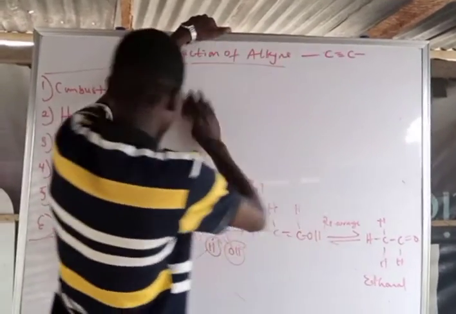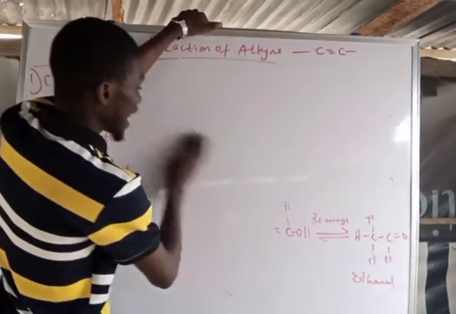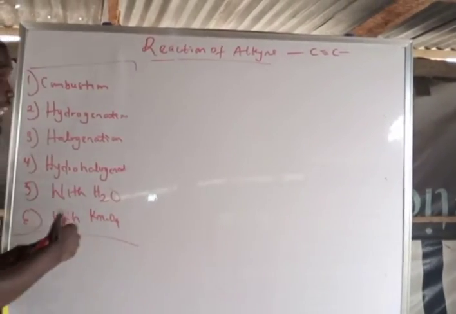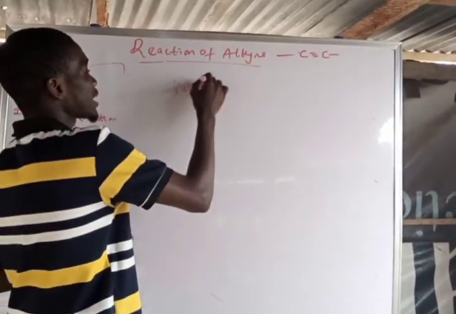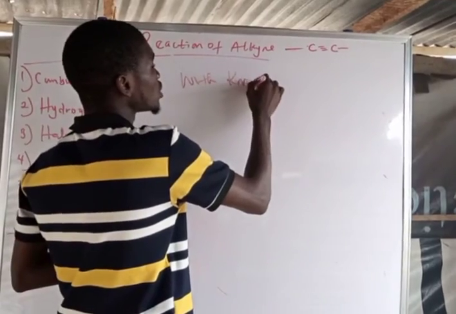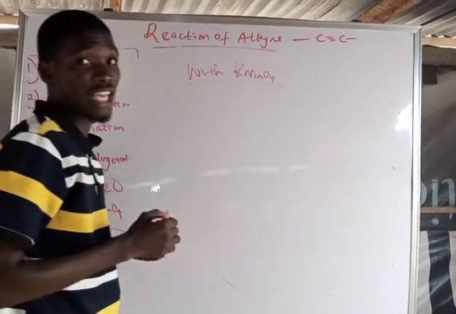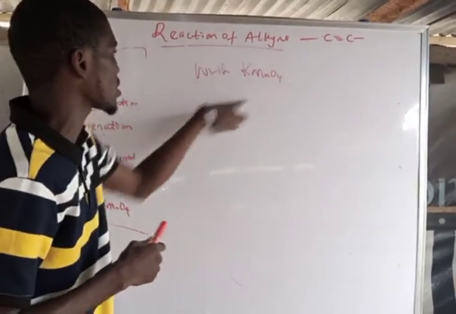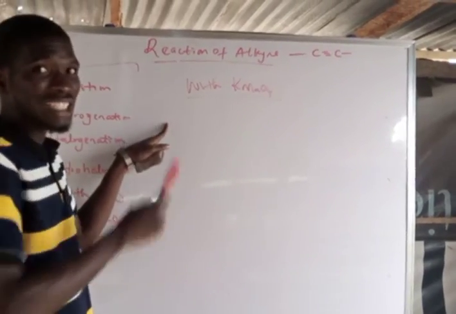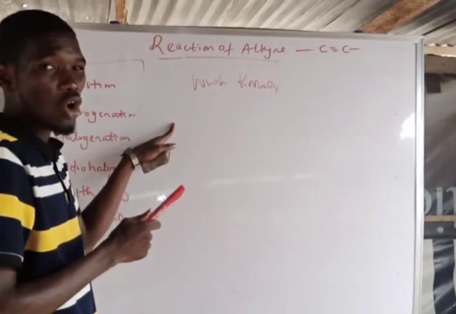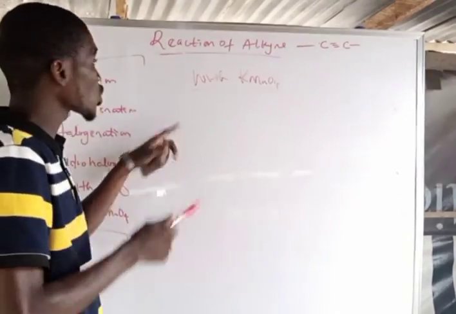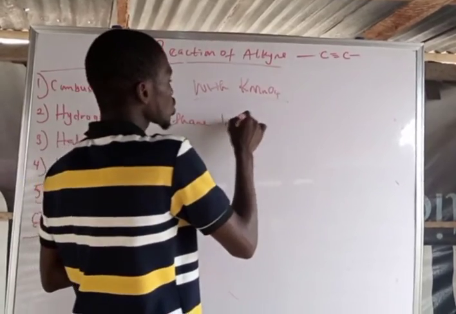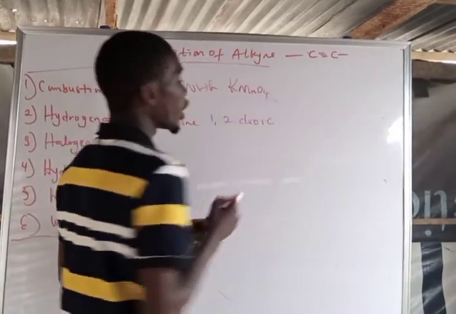Take note about the reaction of alkyne that with potassium permanganate, I can say potassium permanganate is a good oxidizing agent as a chemist. And don't forget that when this reacts with ethane, they decolorize or acidify to produce what we call ethane-1,2-dioic acid.